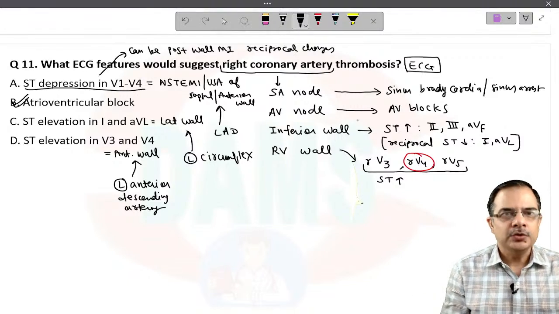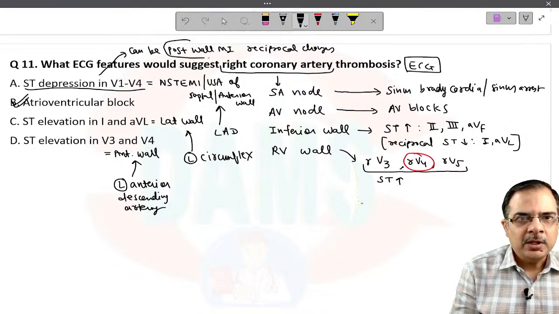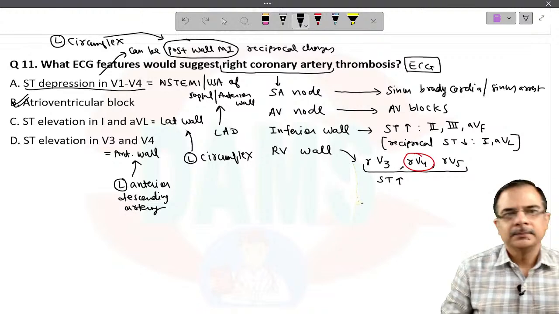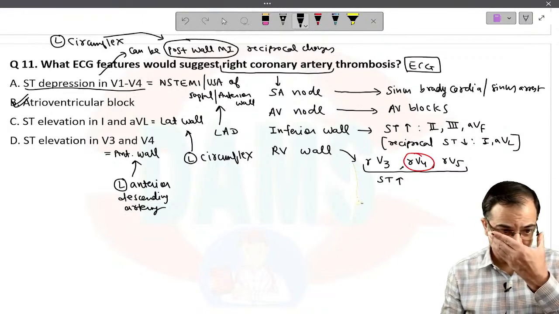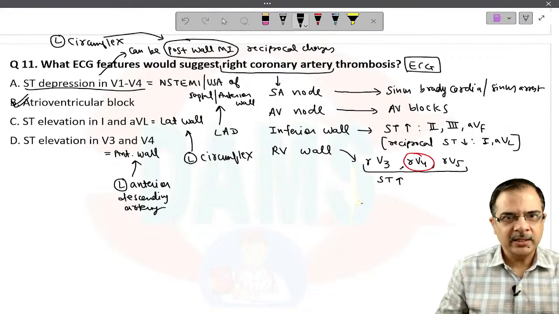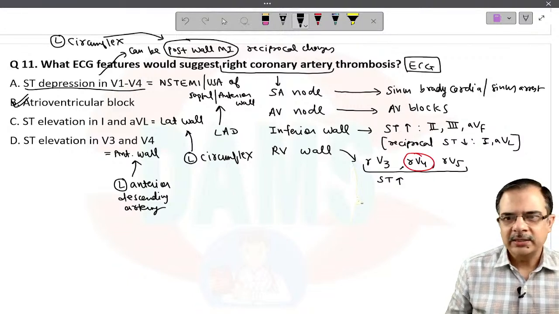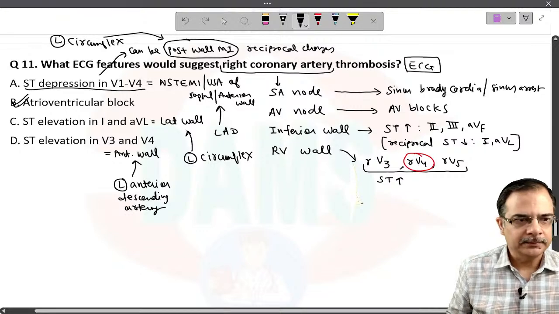But the posterior wall is supplied by which artery? It is supplied by the left circumflex artery in most people. So even then it is not the correct answer. So the answer here will be B option.